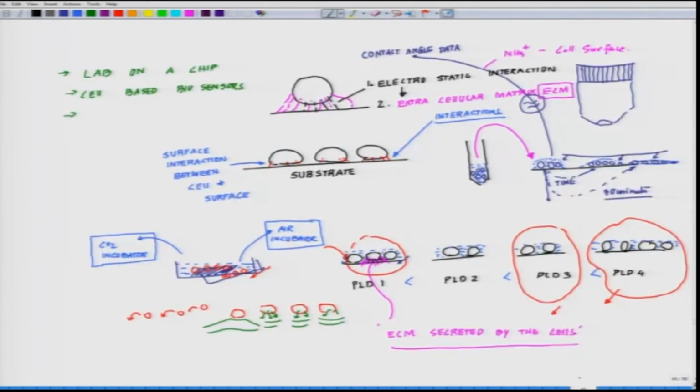But before I get into laminin, when we were talking about polylysine, we talked about the first interaction being the electrostatic interaction, followed by an extracellular matrix secreted by the cell, leading to attachment, further strengthening the attachment.